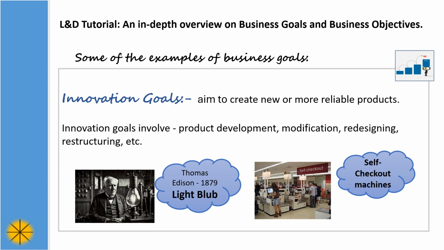And many inventions have taken place from the Bronze Age up till now. And these innovative products, more improved products and reliable products improve the quality of life of customers and help us attain new developments in different areas.